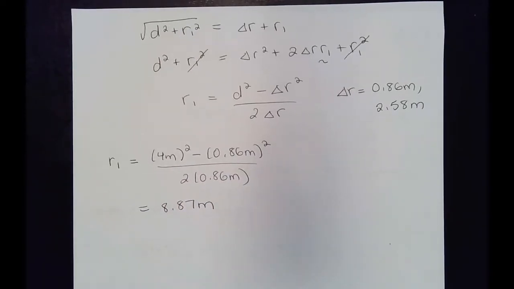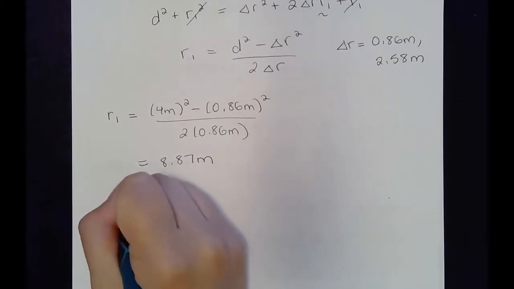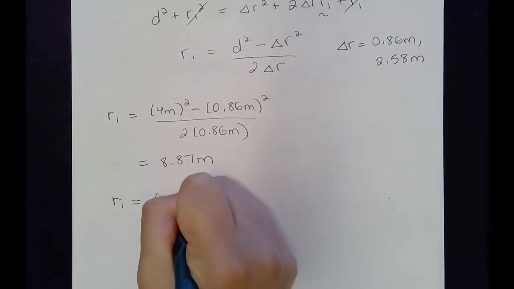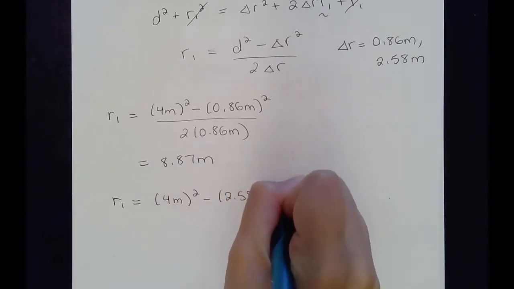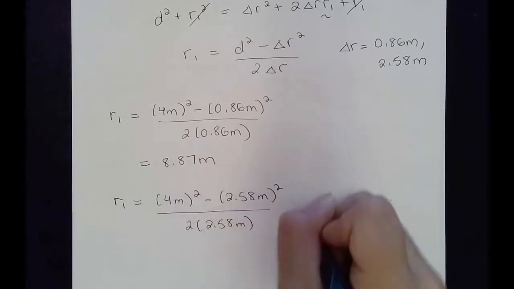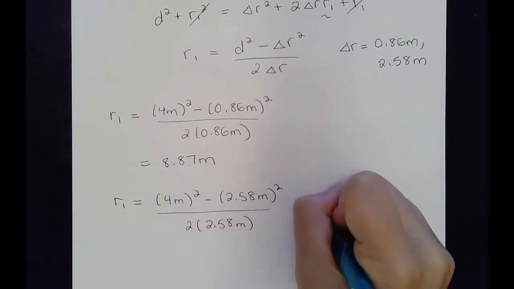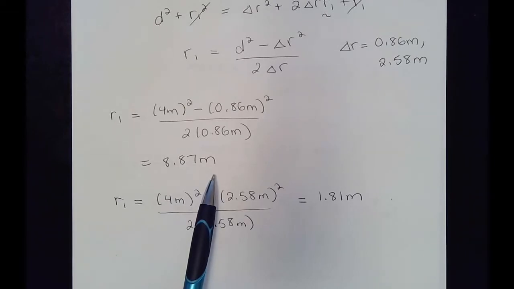And for the second r1, I can plug in 2.58: 4 meters squared minus 2.58 meters squared, over 2 times 2.58, and this time we get 1.81. Okay, so as the person walks towards the speaker, they will hear two minima, one at 1.81 meters and the other at 8.87 meters.